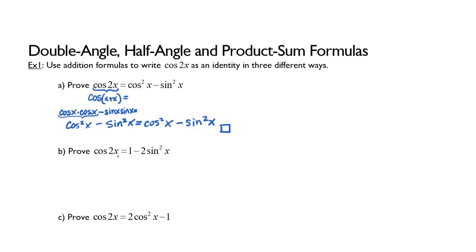Let's take a look at cosine of 2x equals 1 minus 2 sine squared of x.